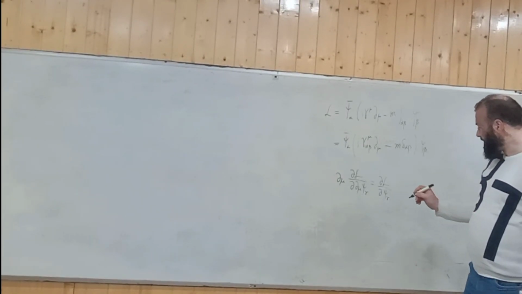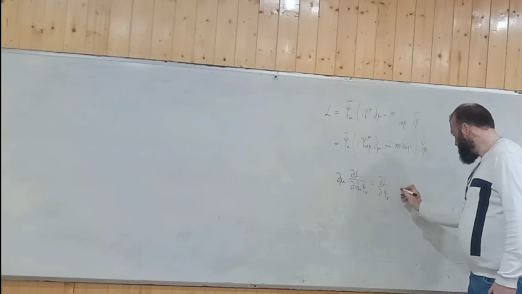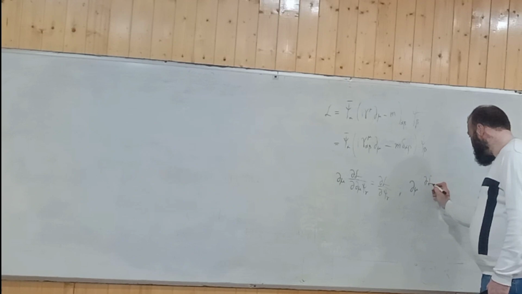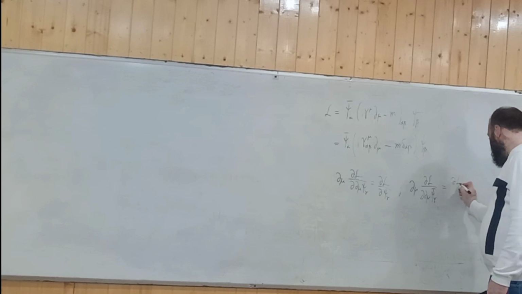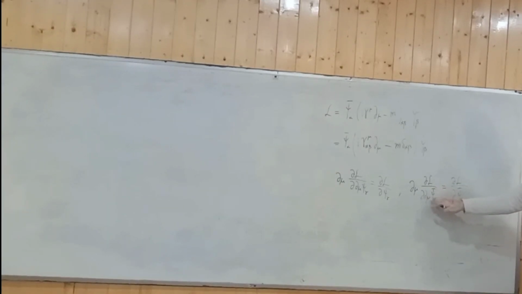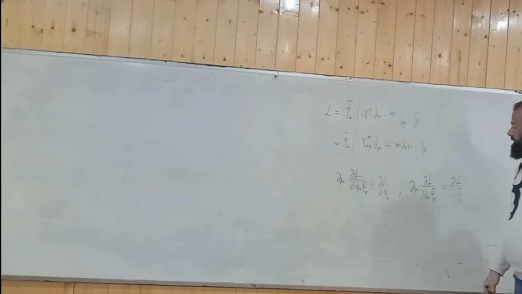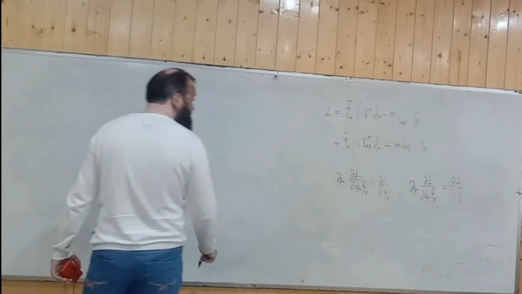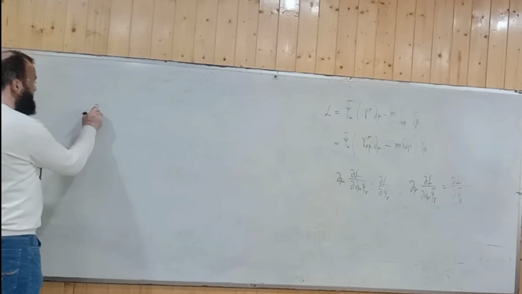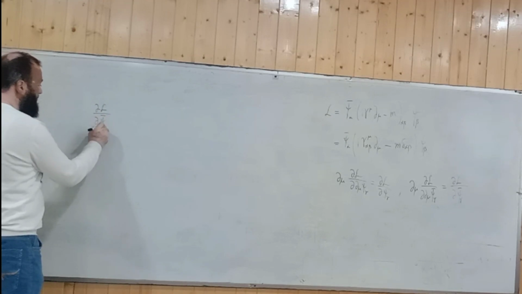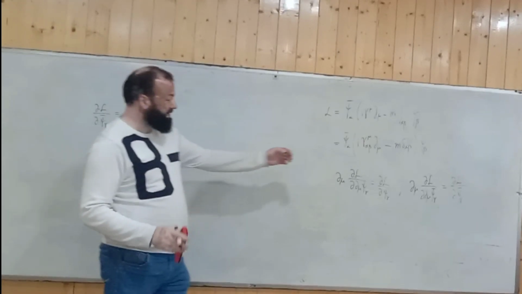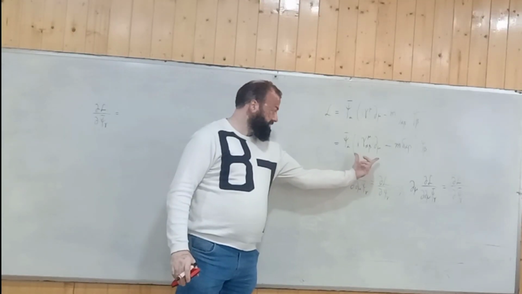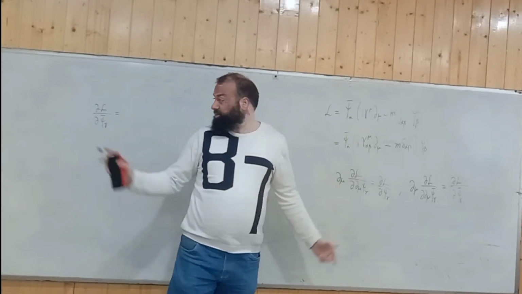Similarly, you will have an equation for the other field. Since you have two fields, partial mu of partial L by partial mu psi bar gamma is equal to partial L by partial psi bar gamma. Let's take this object, partial L by partial psi bar gamma. Your Lagrangian has a term containing a derivative, so it will not contribute to this.